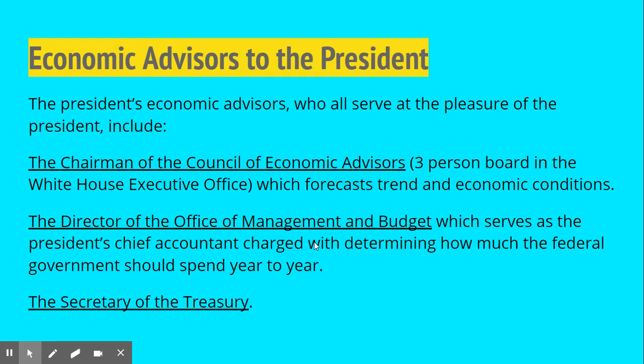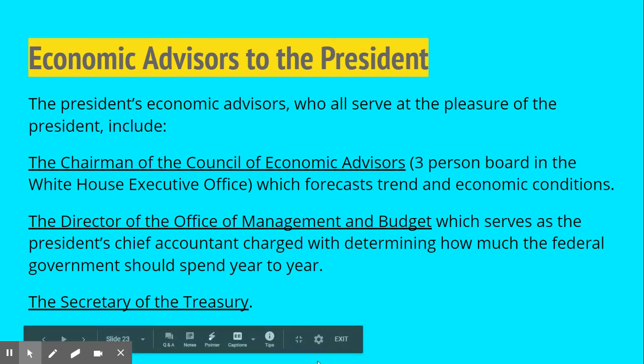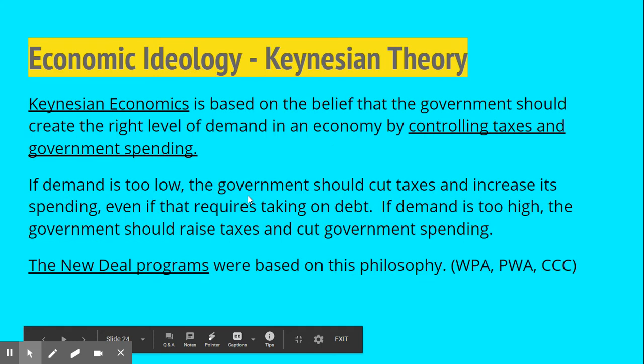So when the Office of Management and Budget produces the president's budget, Congress will come out and do research into the budget to make sure that all the numbers are correct on what things will cost. So they will produce sort of a check-off of the president's budget to see that the numbers line up. Okay, and then of course the Secretary of Treasury gets involved in that process as well.